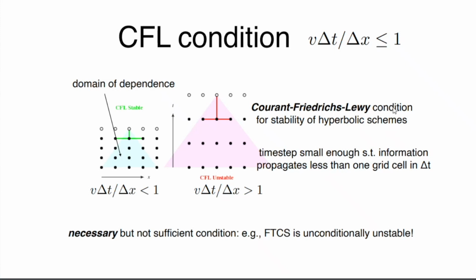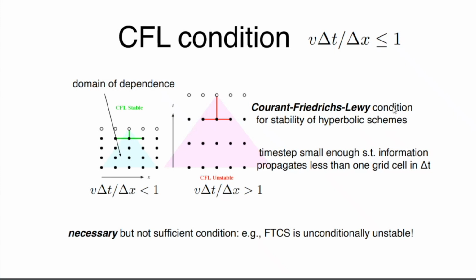Now, for example, here on the left, I have shown a small delta t, and this is the domain of dependence. Here, things can be affected numerically from whatever is happening here.